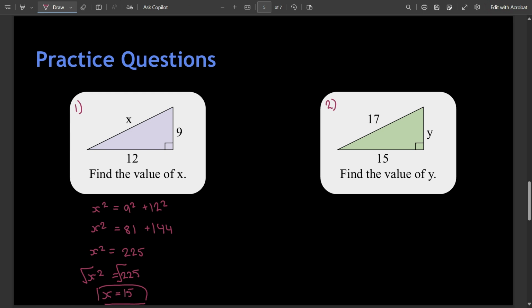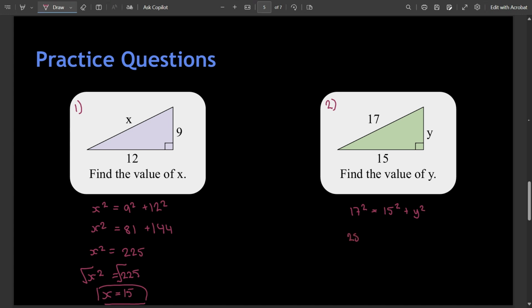Now question number 2 is a little bit different because we know our hypotenuse, but we're missing one of our side lengths. However, the approach is the exact same. So we plug in our numbers. 17 squared is equal to 15 squared plus y squared. Then we turn these into numbers.